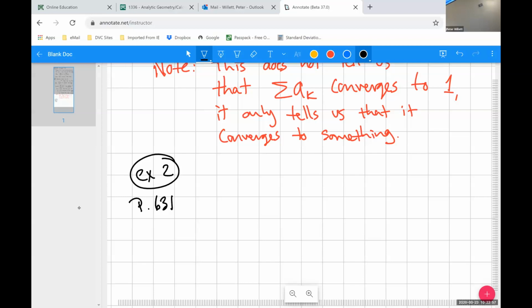Okay, so we have the summation as k goes from 1 to infinity of k over k squared plus 1. So the goal of the problem is to determine whether the following series converges or not.